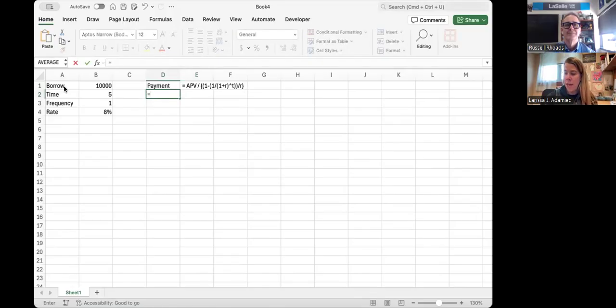But let's go ahead and I'm going to break this down and say equals, I'm going to use the present value factor first. So this becomes 1 minus 1 over 1.08.